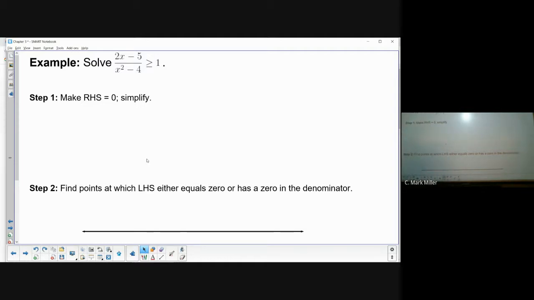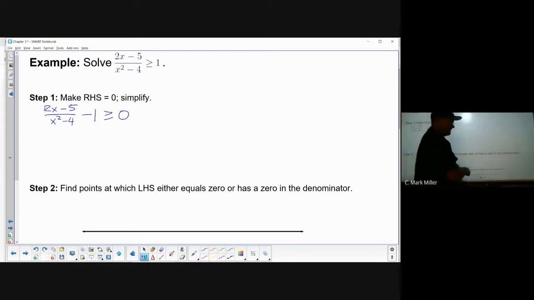I know it's college algebra, but sometimes people are surprised. Set the right-hand side equal to 0, and the work is going to come in simplifying. So, set the right-hand side equal to 0: 2x minus 5 over x squared minus 4, put the 1 on the left, minus 1 is greater than or equal to 0. That was easy.